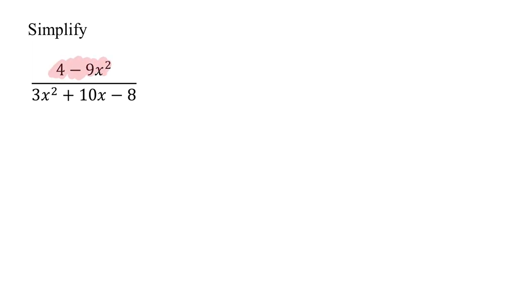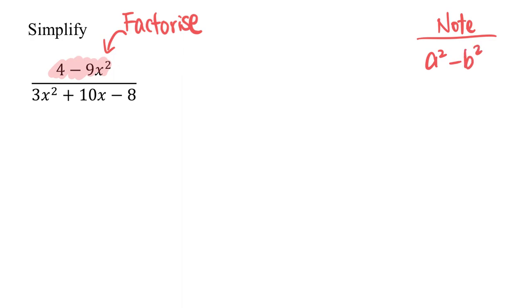And at one look, oh, can we factorize this? Yes, we could. Because we could actually tap on a square minus b square equals to a plus b, a minus b.